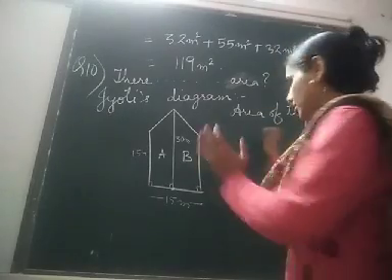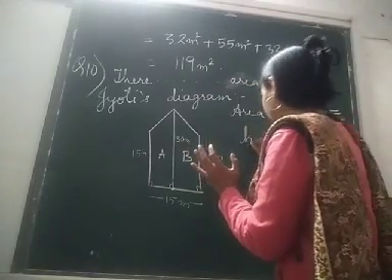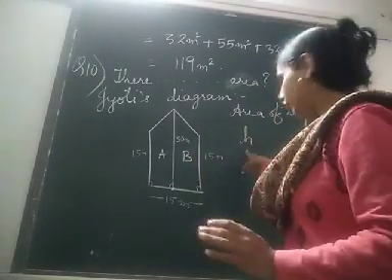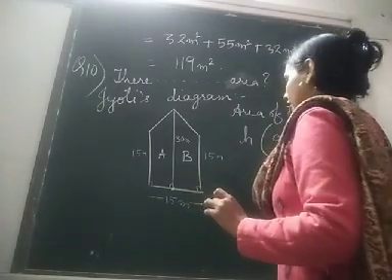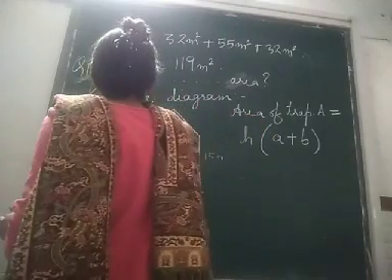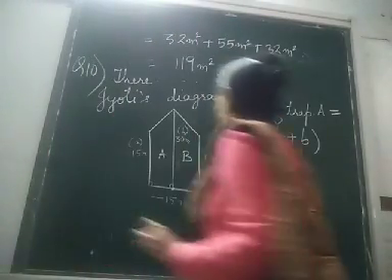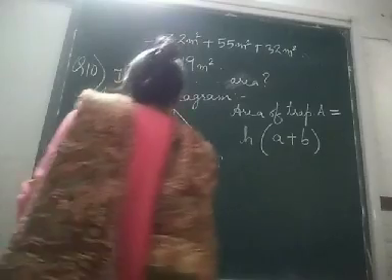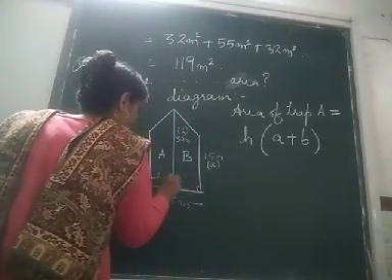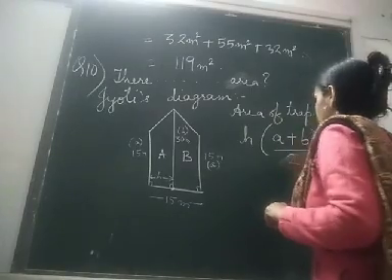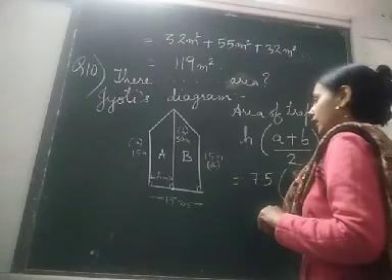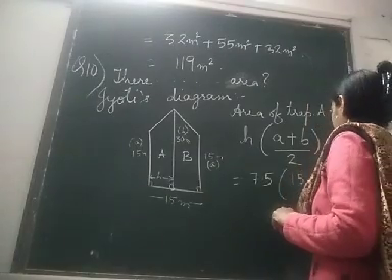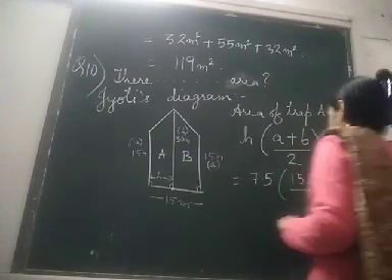Children, I am writing, since space is less, so I am just writing like this, the perpendicular distance, that is the height, into A plus B, where A is this and B is this. This is H here. So you can make out what is what, by 2. So H means 7.5 and A plus B means 15 plus 30 by 2.